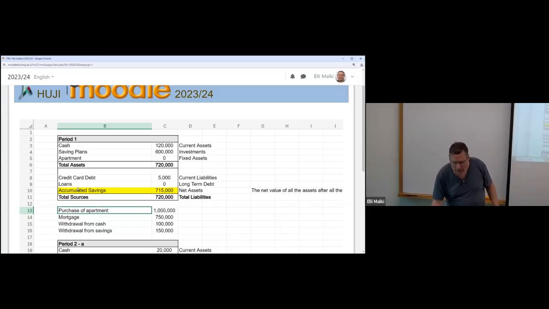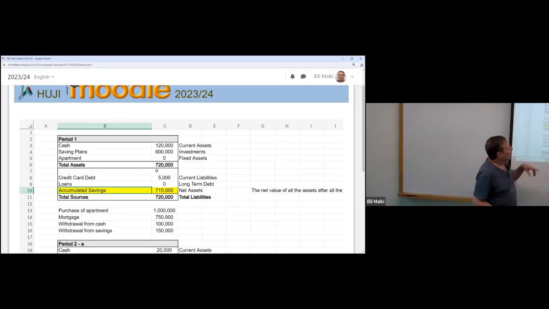So our accumulated savings will be the difference between our assets and our liabilities. What does it mean? When I ask the question, where did the money come from, the cash and the savings, where did I get the money from? 5,000 of it is kind of a loan that I received from my credit card company, and the rest is my internal saving.